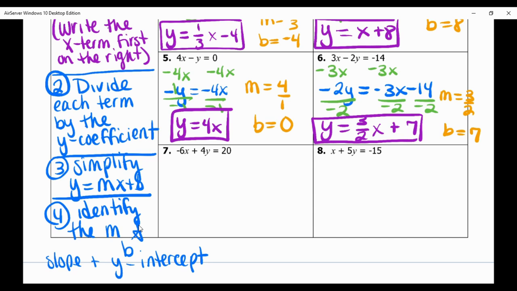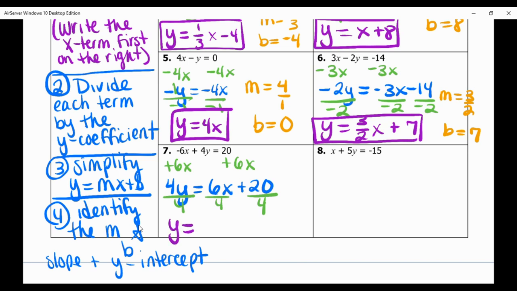The next example, the x term is negative, so we need to add it to both sides. We want to do whatever's opposite to be able to undo it. Remember to write the x term first, and then divide by the y coefficient.